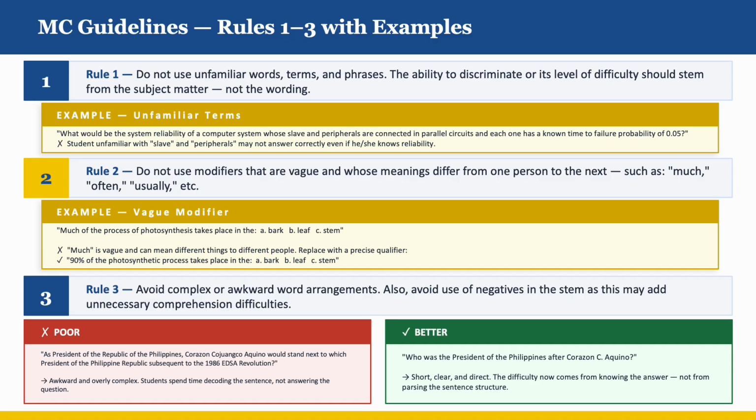So that's a mouthful. Students spend half their time just parsing that sentence. So here's a better version. Who was the President of the Philippines after Corazon C. Aquino? Short, clear, and direct. So the difficulty now comes from knowing the answer, not from decoding the sentence.